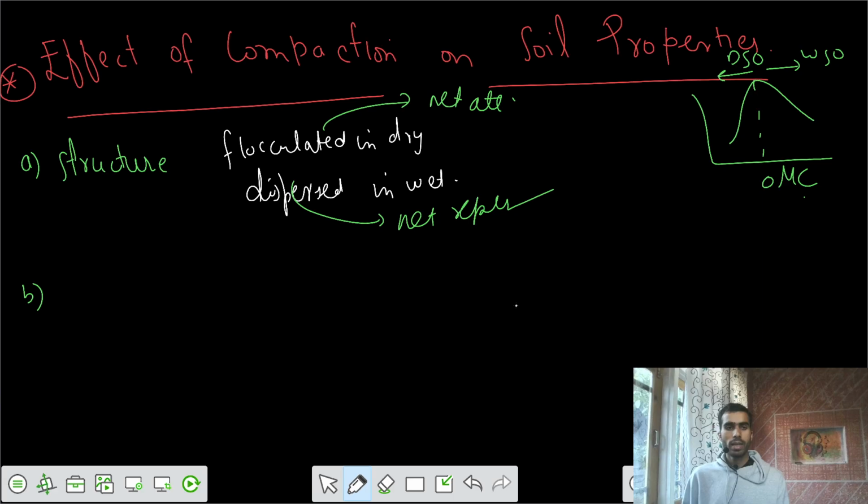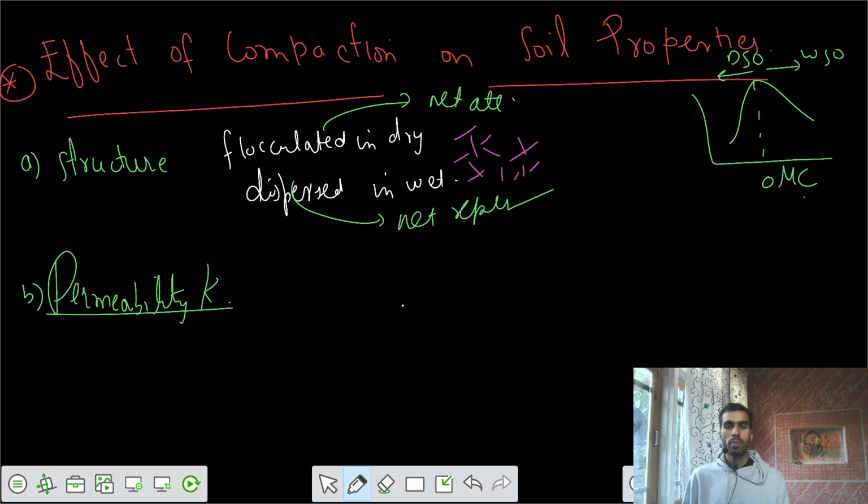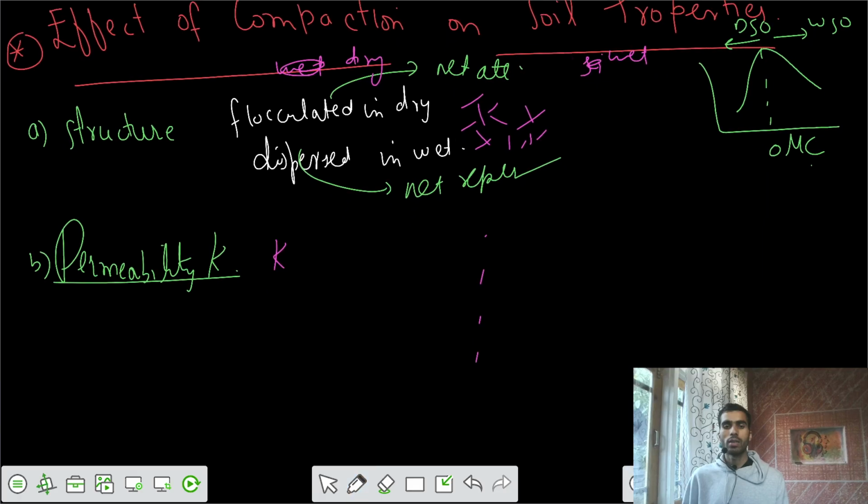Let's go for the second one, permeability, that is the flow of water in the soil, K. Because we have a flocculated structure, we have more permeability on the dry side. From one side we talk about the dry side, and from the other the wet side. A general perspective we are going to take.